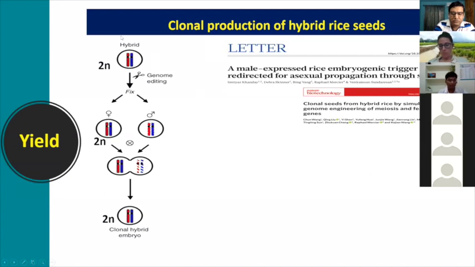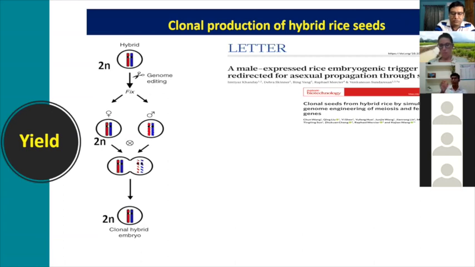So what they do, if you see, this is a hybrid seed, a diploid hybrid, where two components, red and blue, come from two different parents. That's why they are hybrid and more vigorous than their parents. Now, in normal cases, when this hybrid develops two gametes, pollen and ovule, they go through meiosis, which is called reduction division.